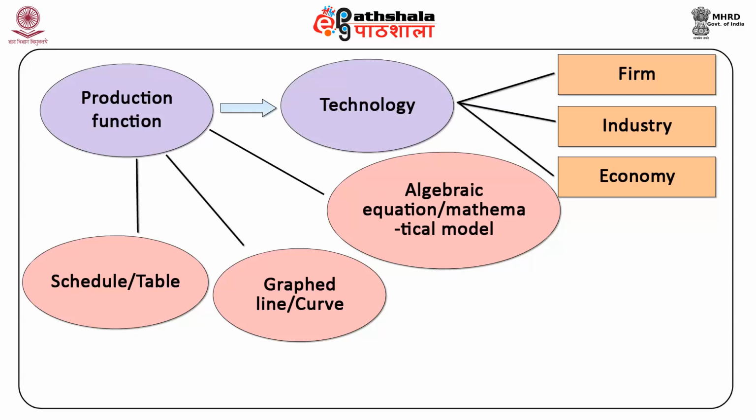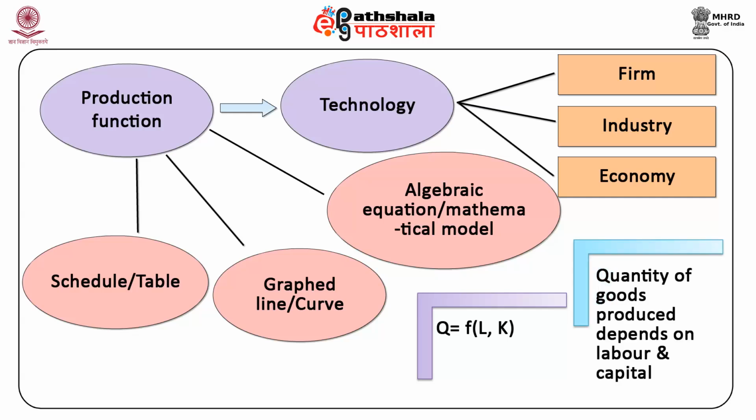But each of these forms can be converted into the others. However, for simplicity, economists have modified the above production function into Q = F(L, K), where the quantity of goods produced, that is, production, depends on labor and capital.